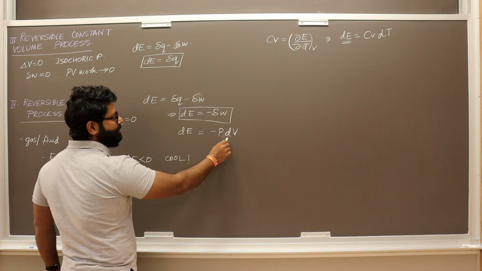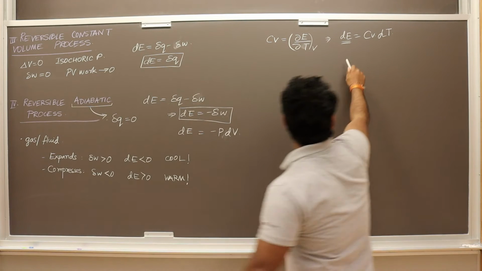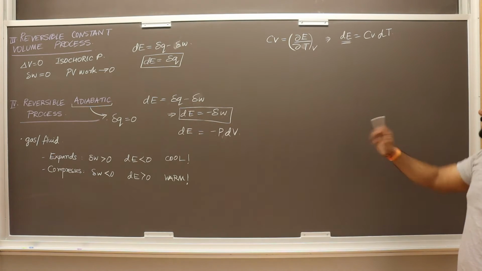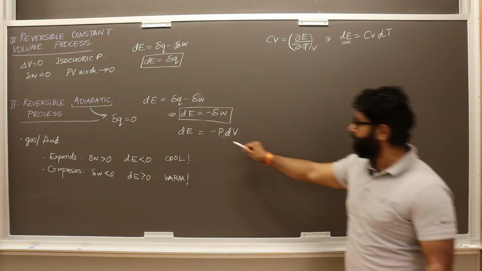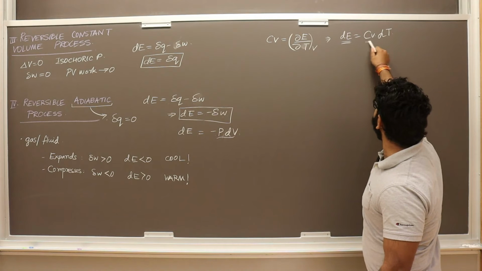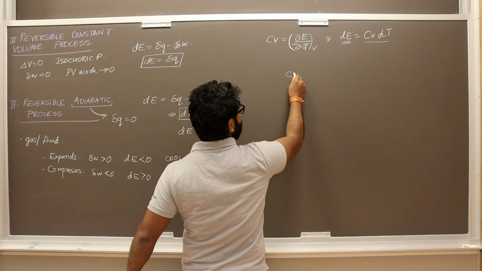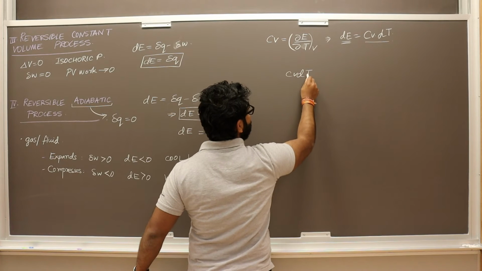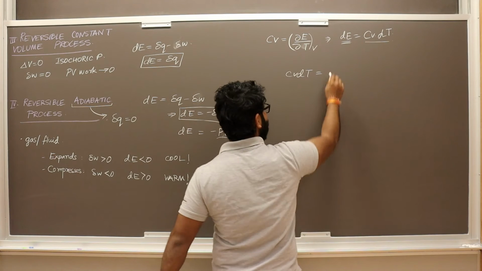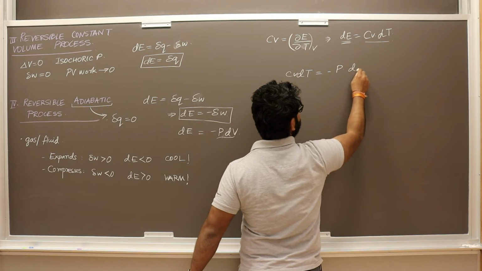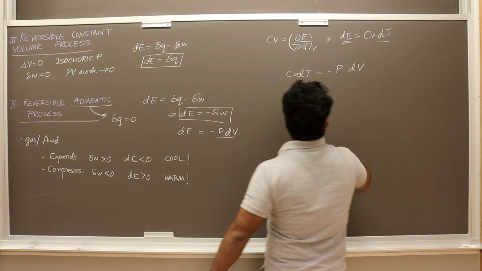Okay, so dE is equal to minus P dV, and dE is also equal to CV dT. So let's now equate these two equations. So this is equal to this, okay? Now, I write CV dT is equal to minus P times dV.